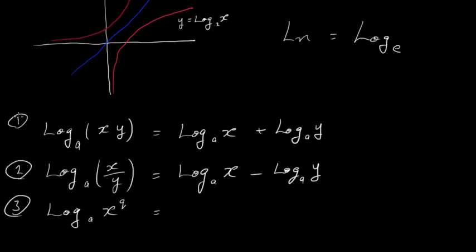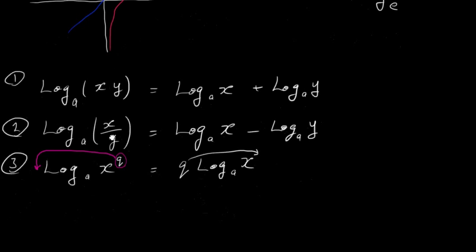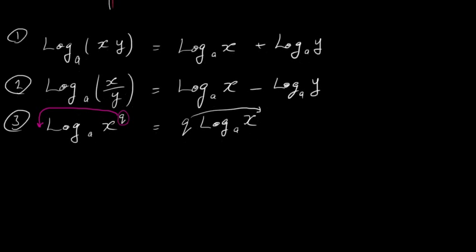What you can do here is take this power, bring it down here to the front of the log, and what you end up with is q times log x to the base a. And you can do it in reverse as well. If you got some number multiplied by a log, you can take this number here, bring it up here as a power. So you can use it in both directions, obviously. Okay, so that's number 3. Let's have a look at number 4.